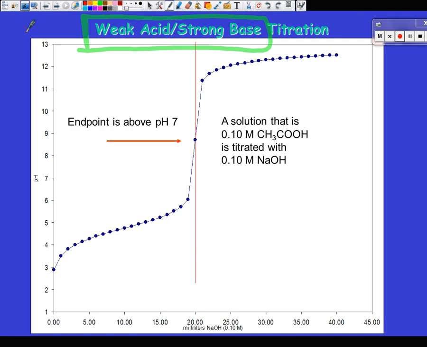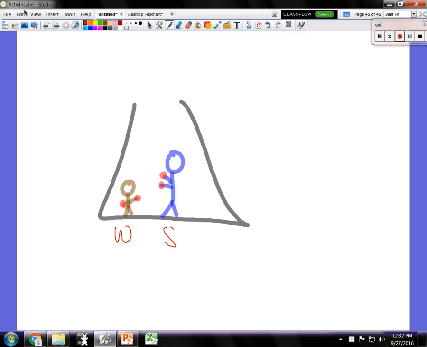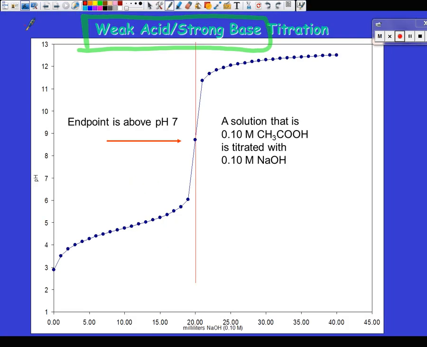So look at this. Think about this. Look at the graph. Did a very small amount of the strong base affect that weak acid? Yes. Do me a favor.